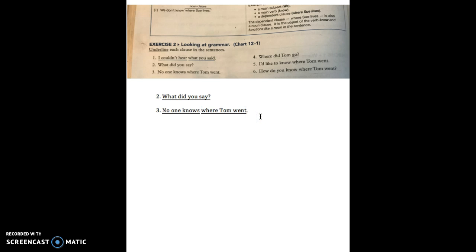So this is a complex sentence. We have our main clause here, and then we have our noun clause. Up until now, we talked about complex sentences with adverb clauses, but you can also have complex sentences with noun clauses. So this is our dependent clause, our noun clause, where Tom went.